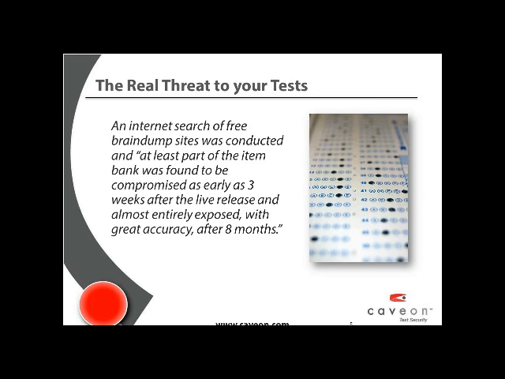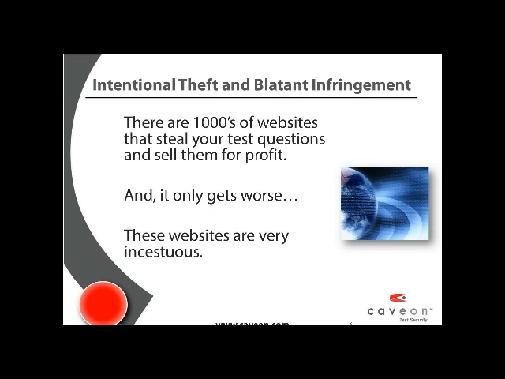After 8 months, nearly the entire exam bank, over 200 items, was posted with near perfect accuracy, including the answer key. And this is what happens when you don't protect your IP assets. Anyone can copy it, steal it, change it, sell it for profit. So what I quickly want to share today is how websites, more specifically brain dumps, are blatantly profiting from your unprotected exams. Next slide, please.